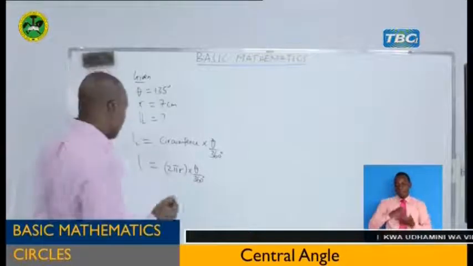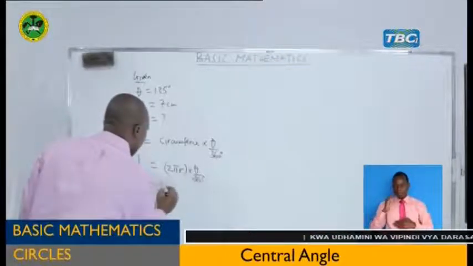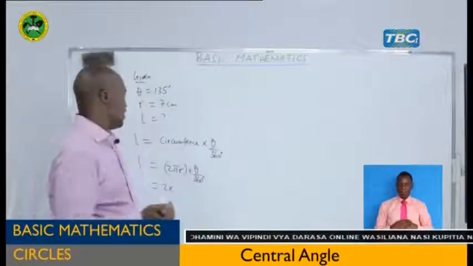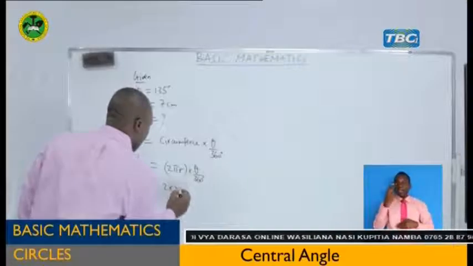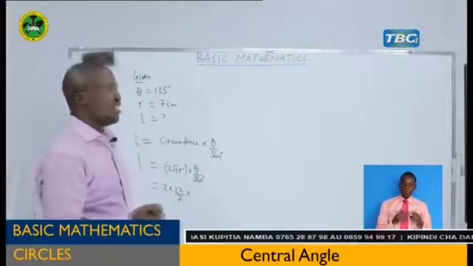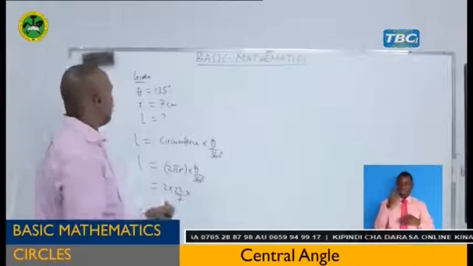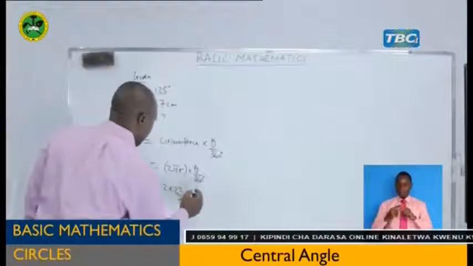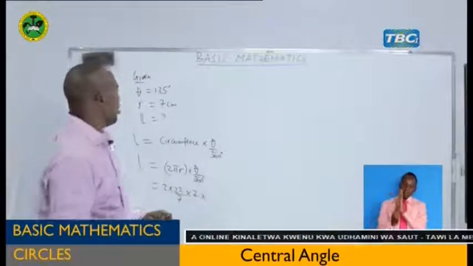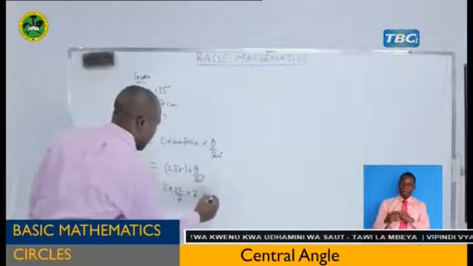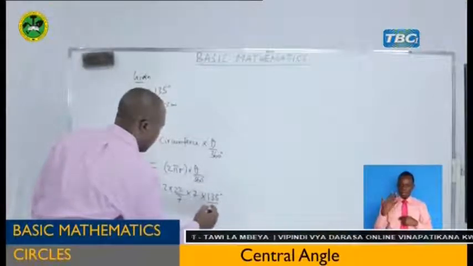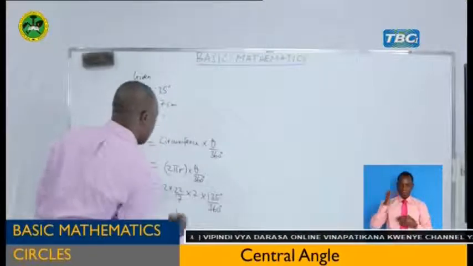So in this case we have 2 times pi, that is 22 over 7, times r, the radius, the length of the spoke, which is 7 centimeters. Then times the central angle, which is 135 degrees, over 360 degrees.